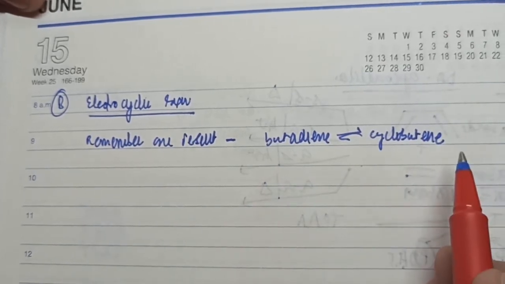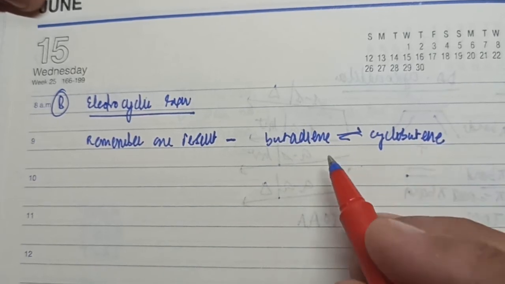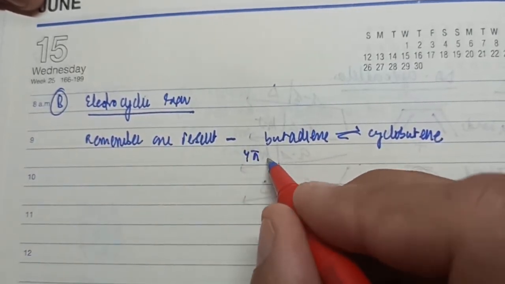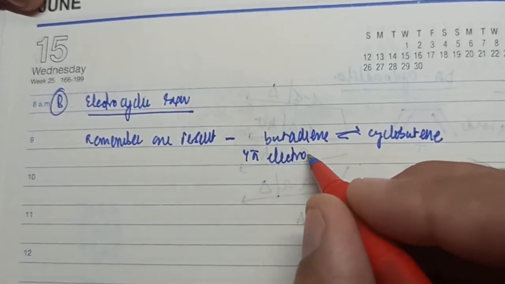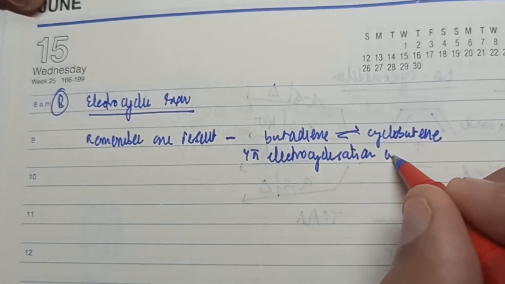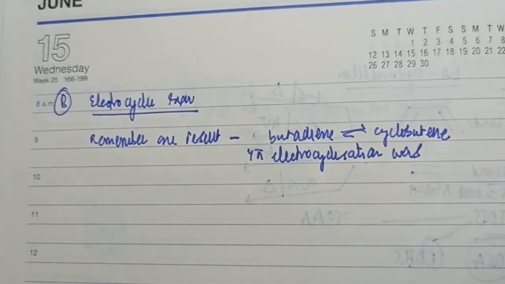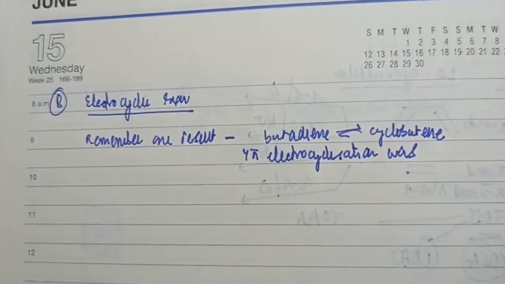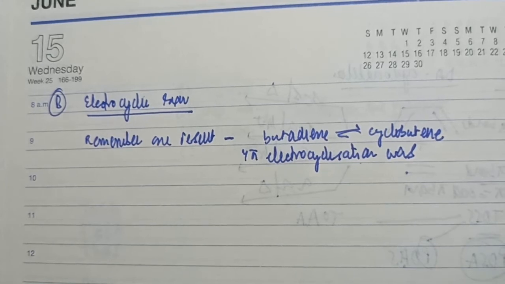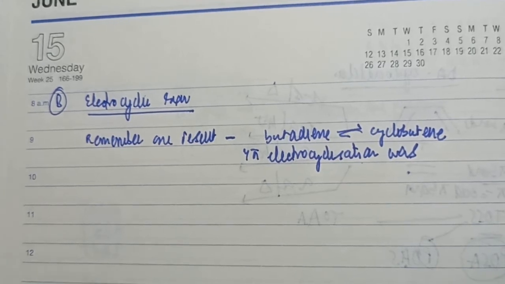This was a 4 pi electrocyclization, because in the butadiene we had 4 pi electrons. If you remember this result, fine, and with 4 pi electrons I can also work it out from the FMO approach.